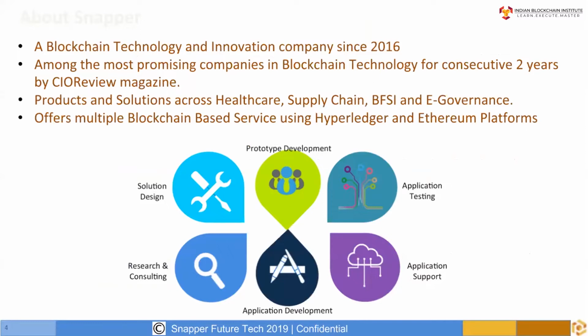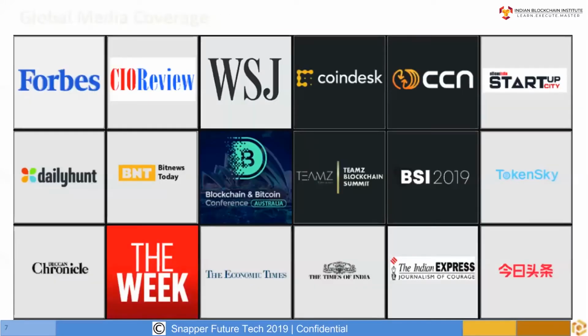We were among the most promising companies in blockchain technology for 2 consecutive years by CIO Review magazine. We have products and solutions across healthcare, supply chain, banking and finance, and e-governance, and we offer multiple blockchain-based services using Hyperledger and Ethereum.